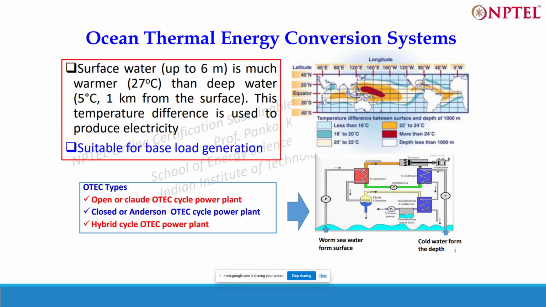These are basically suitable for base load generation. So what is base load? Base load is the bare minimum load that can be supplied by any power generation system. When you study a power generation system, it can have a base load, and it can also have a varying load.